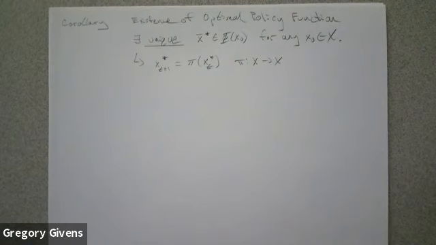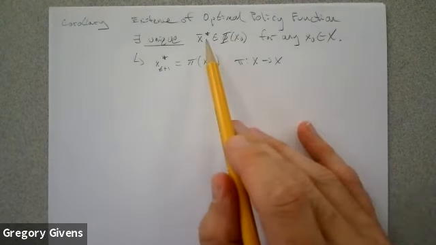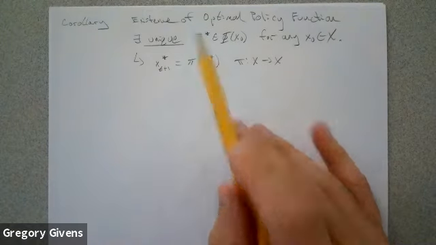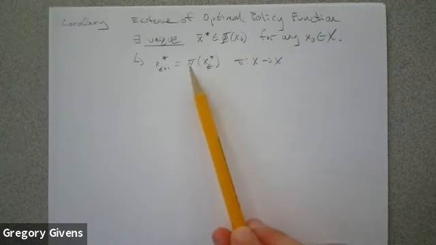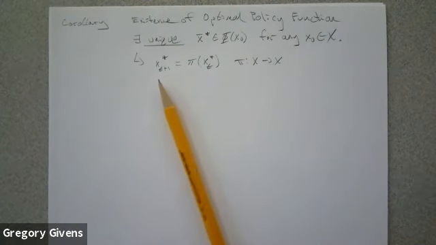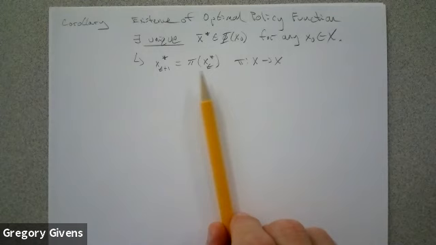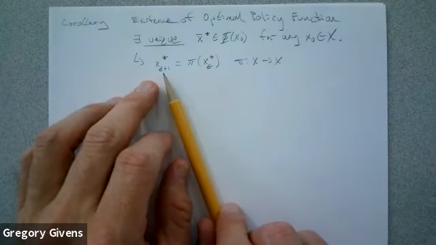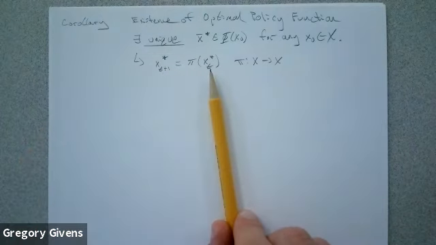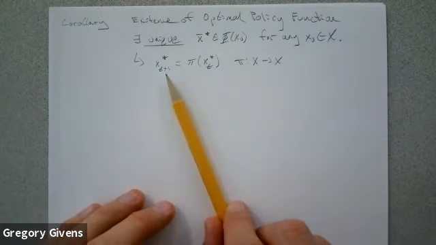So instead of trying to characterize this infinite sequence of x's over time, we can fully characterize that optimal plan using this time invariant policy function, meaning that the way x99 determines x100 is the same way that x3 determines x4, right?